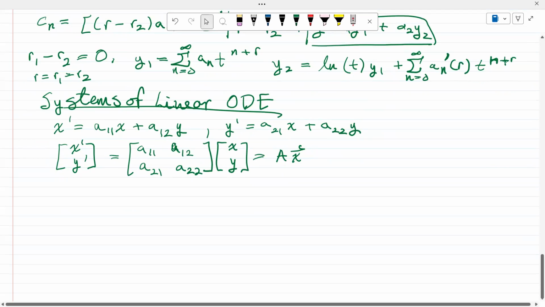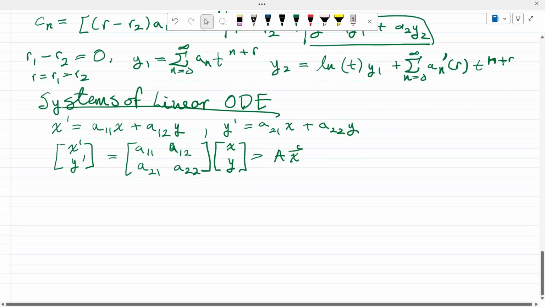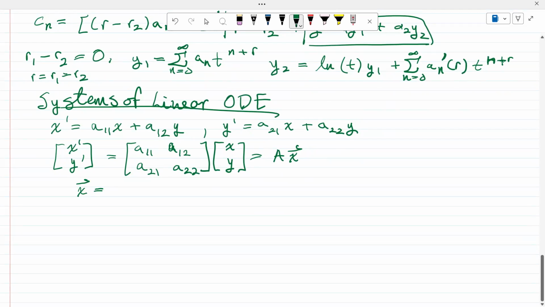In this case, our general solution is simply c1 e to the lambda 1 t v1 plus c2 e to the lambda 2 t v2.